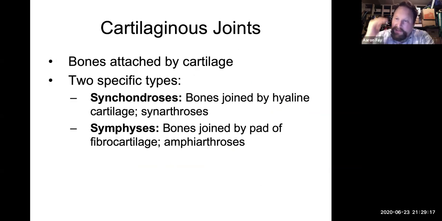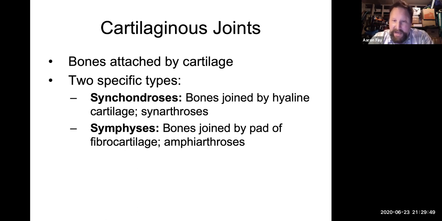Okay, let's talk about our second anatomic general classification, cartilaginous joints. So our first type is a synchondrosis. Synchondrosis and syndesmosis sound kind of similar, right? So I said, don't get confused by that. Syndesmosis is a fibrous articulation. Synchondrosis, remember, when you see chondro, chondro means cartilage, and oftentimes it specifically means hyaline cartilage.